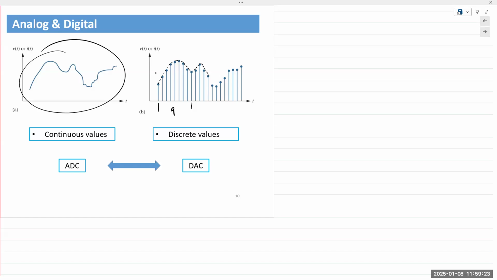If I halve the time interval, then I have to double the number of samples. So instead of 9, I have 18 samples, but I would need more space to send those 18 samples. But my reproduction at the receiving end would be much better.